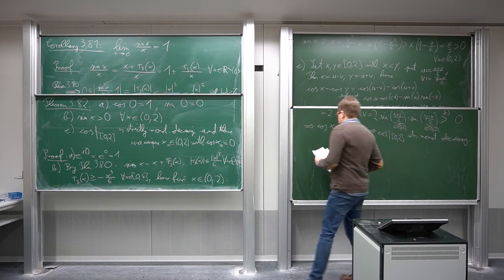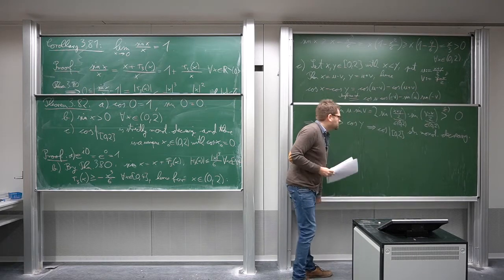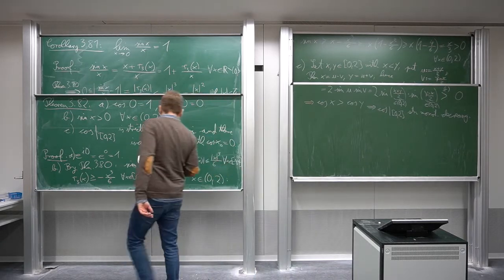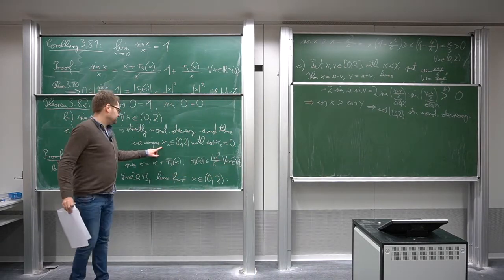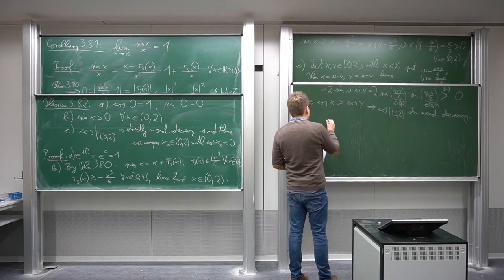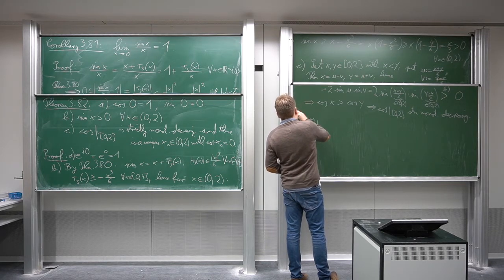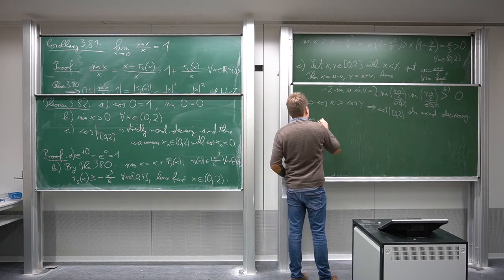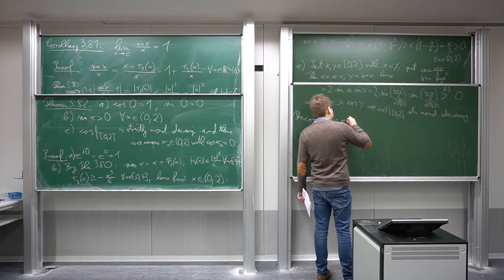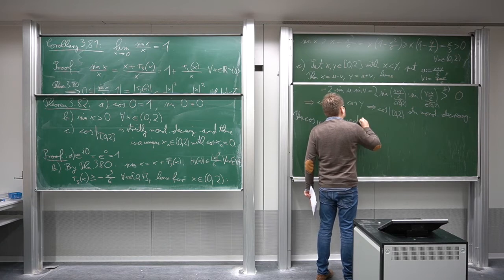Now we've seen it is strictly monotonically decreasing, and we now want to find this property of the zero. First of all, since it's strictly monotonic, the cosine restricted to 0, 2 is in particular injective. We've seen that strictly monotonic functions are injective.